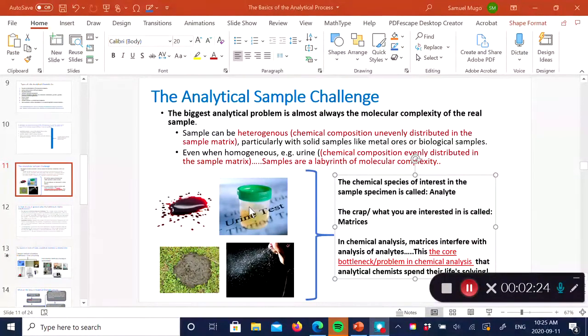And so how do you separate the analyte from the matrices so that you're able to get good analytical signal for what you're looking for? That is the biggest analytical challenge, separating the matrices that interfere with the analytes.